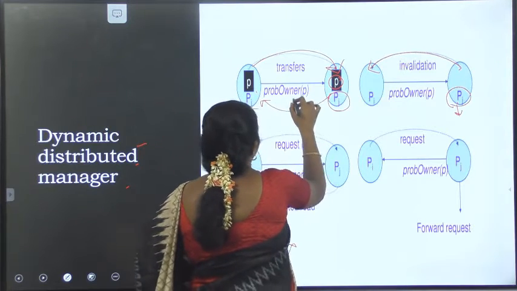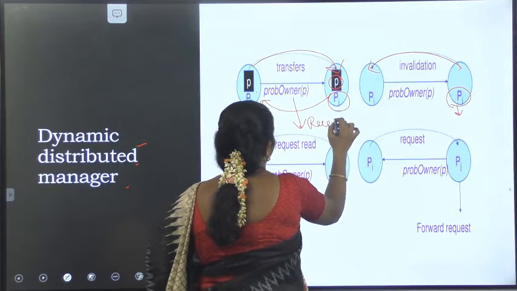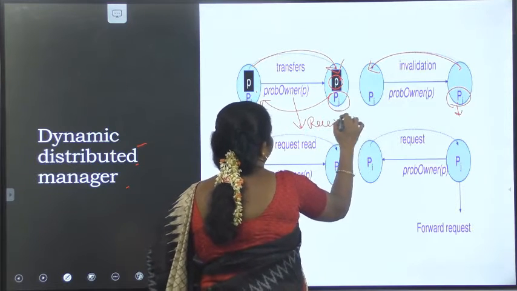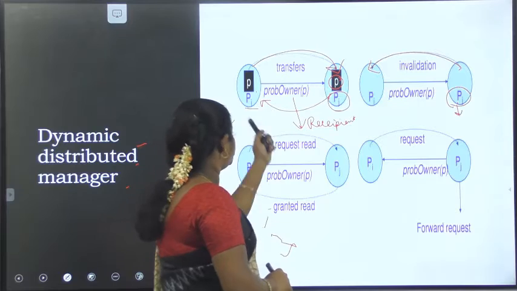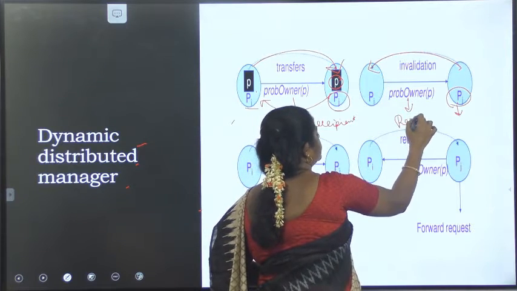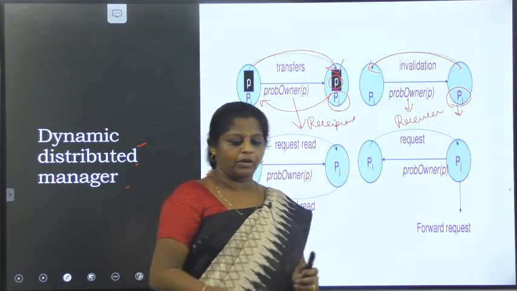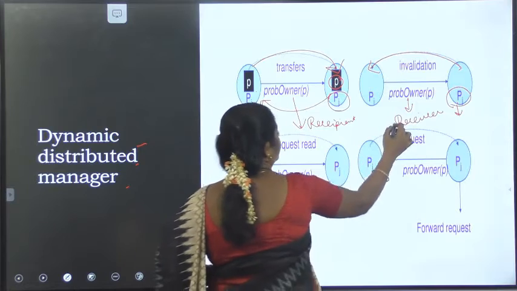And one more thing here, the probable owner of P is nothing but the recipient. This probable owner of P acts like a recipient. Sorry, requester.